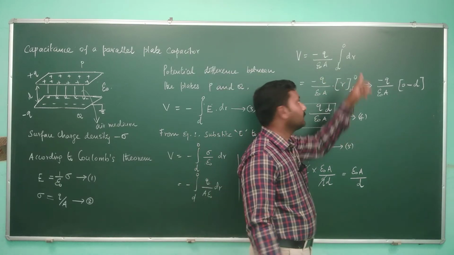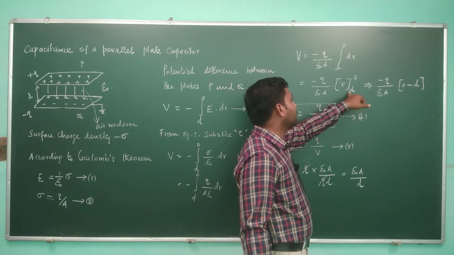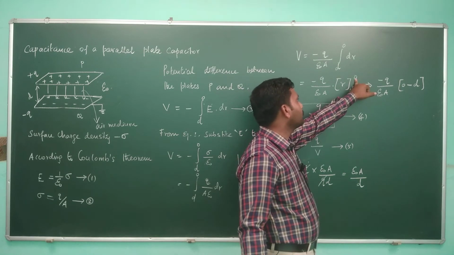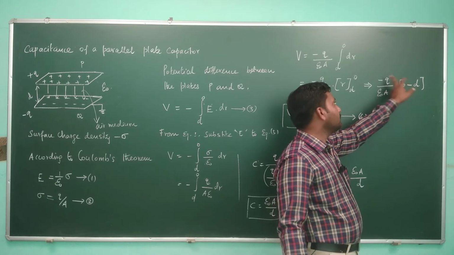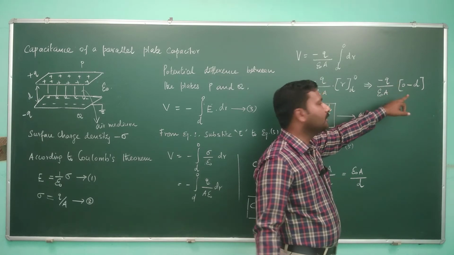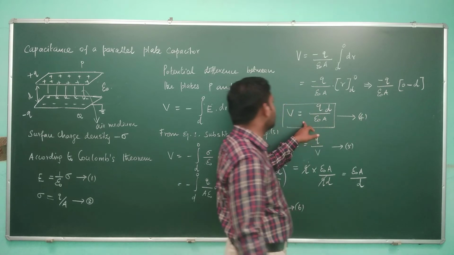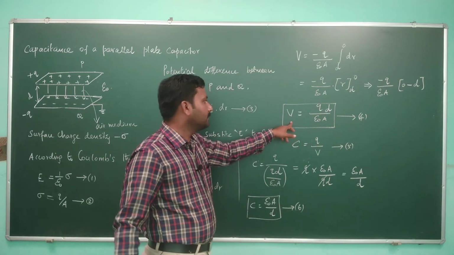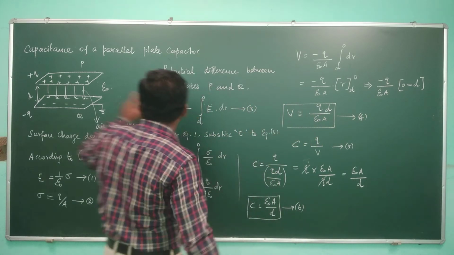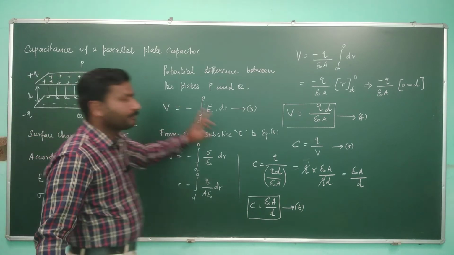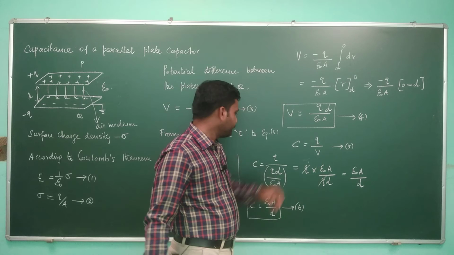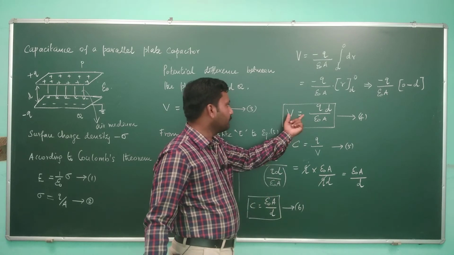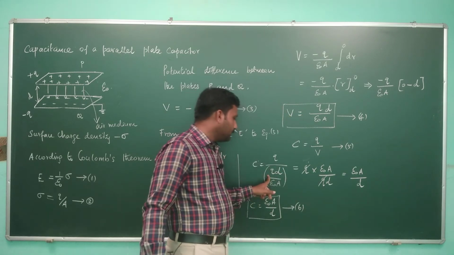If you integrate it, it will give you r, lower limit d, upper limit 0, applying limits 0 minus d is remaining, minus d multiplied by minus Q, it becomes Qd by epsilon naught A, that is the expression for potential. But we need to calculate capacitance, so the equation for capacitance is C equal to Q by V. You substitute the expression for V from this equation here.